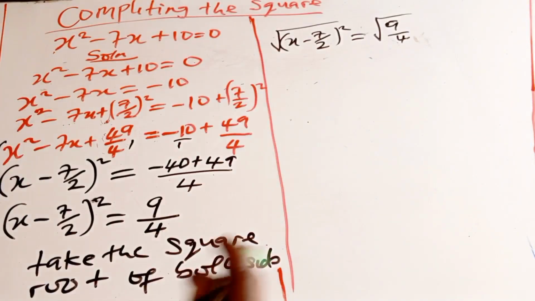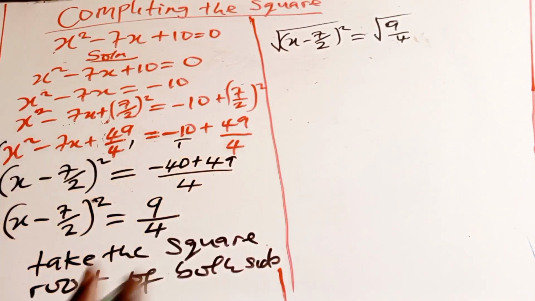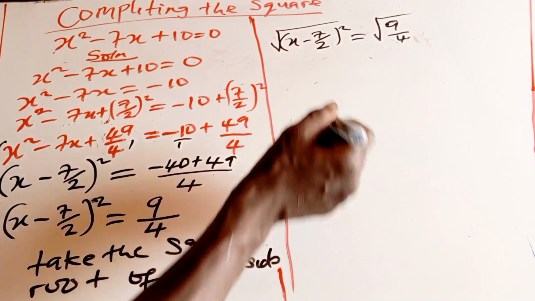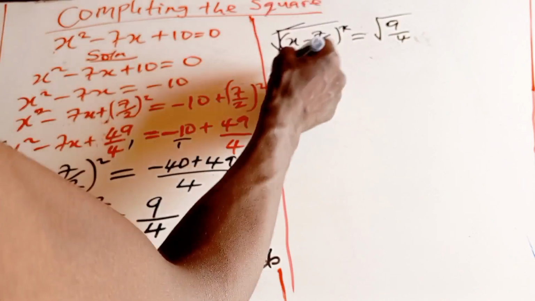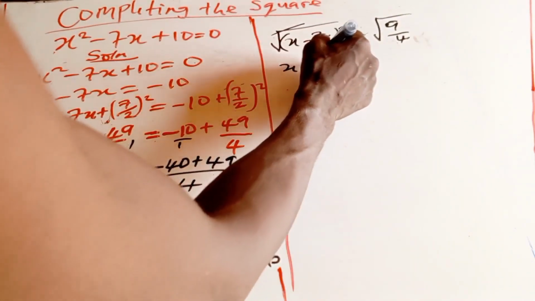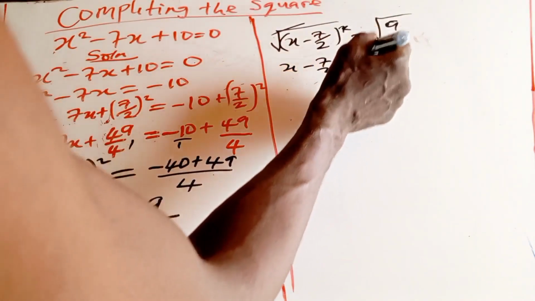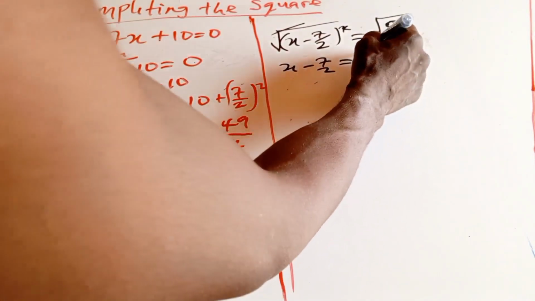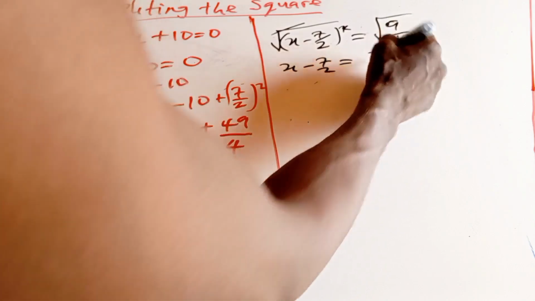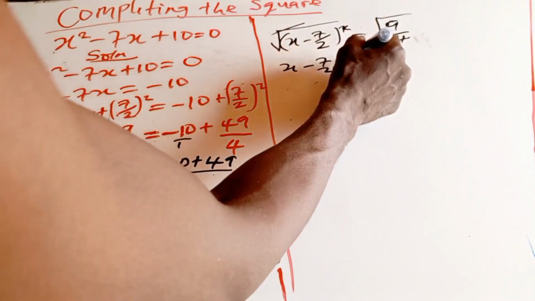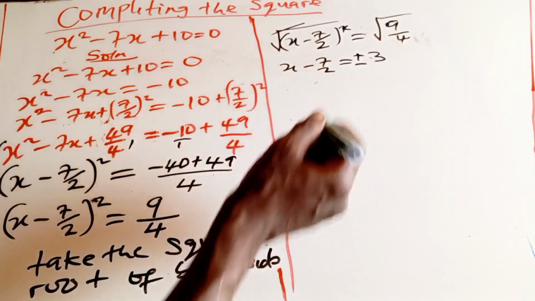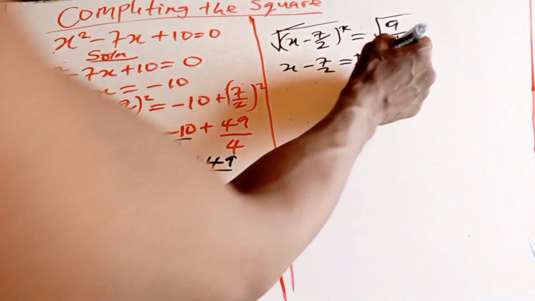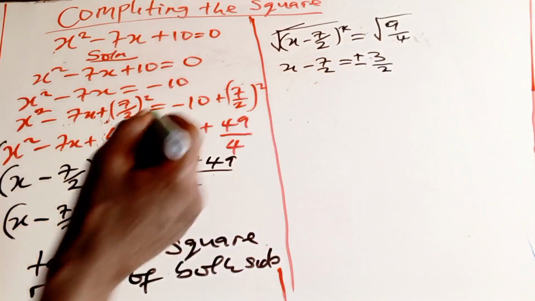When taking the square root of these two, the square cancels the square root. You can have x minus 7 over 2, which is equal to the square root of 9, which is 3. Remember, the square root is plus or minus. Then the square root of 4 is 2.